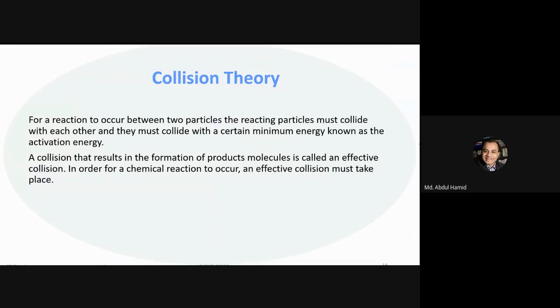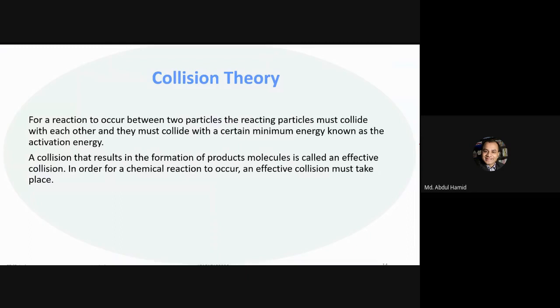If the particles do not collide with each other, we won't get product. Effective collisions mean collisions between the reactants where we get the product. Collisions with the wall are not effective collisions. We are not getting product if the molecule hits the wall.